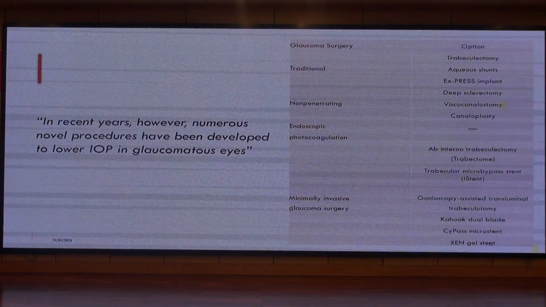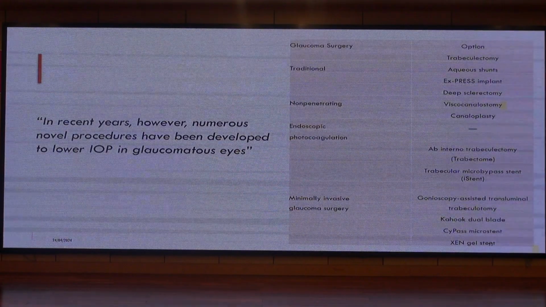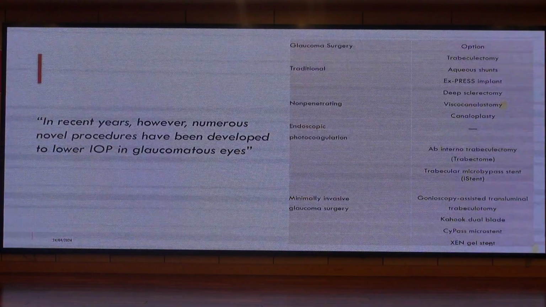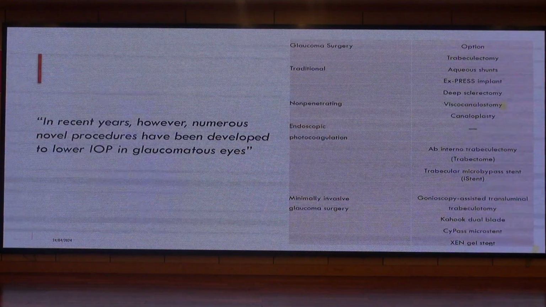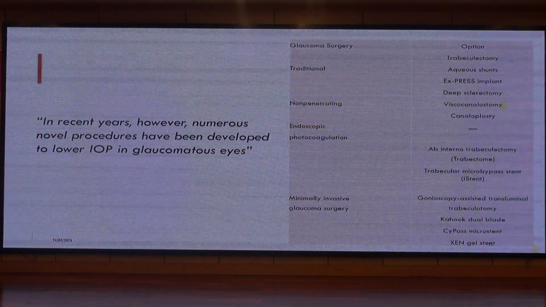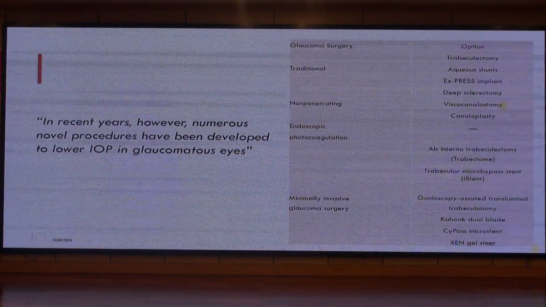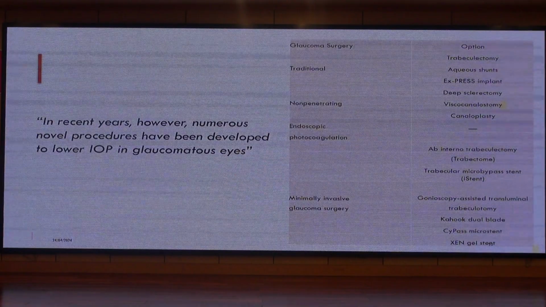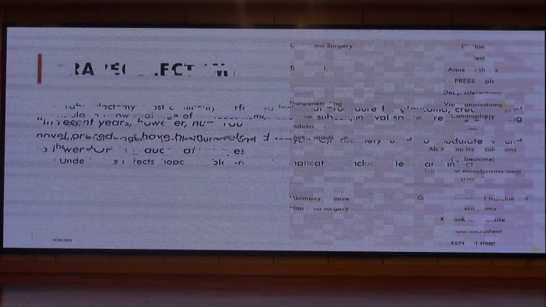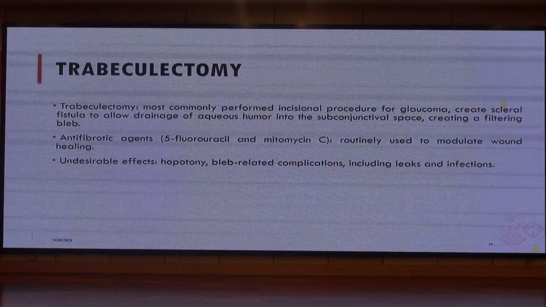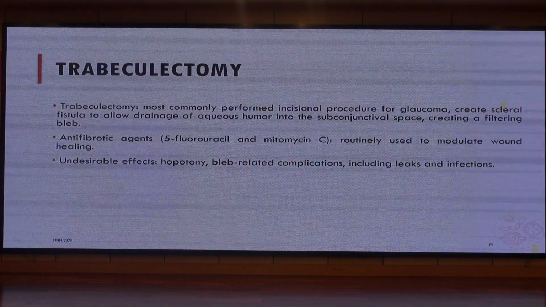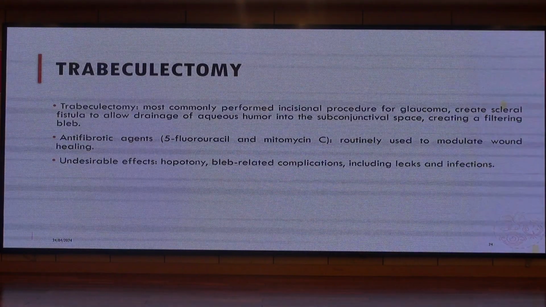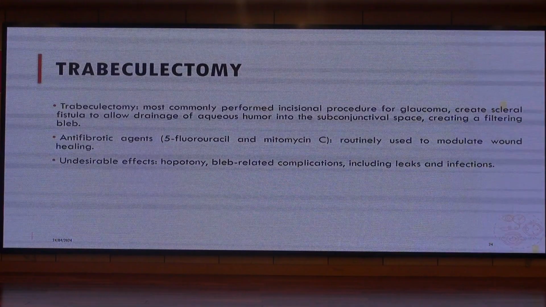Luckily, now we have numerous novel procedures that have been developed to lower IOP in glaucoma. Here I list many surgeries in this table, and I introduce some procedures. Trabeculectomy is the gold standard. It's the most commonly performed incisional procedure for glaucoma.